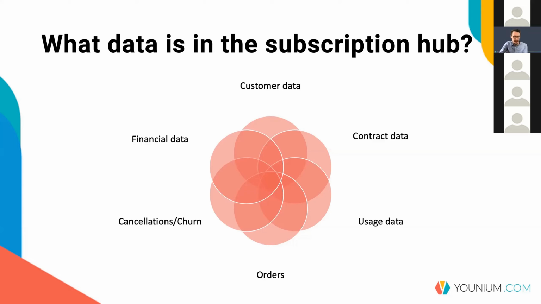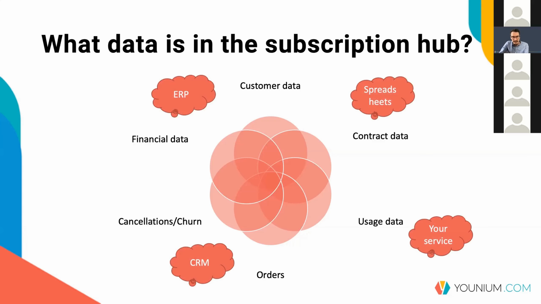It can also be downgrades as well, of course. You will have cancellations and churn, and you will for sure have financial data. That can be accounting data from invoices, revenue recognition data for sure, and in some cases also all the accounts receivable data that will live in the subscription hub.